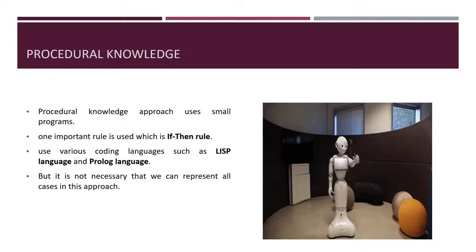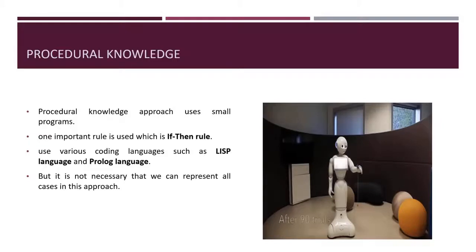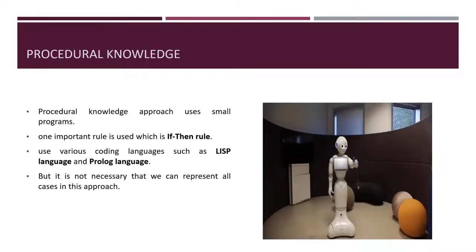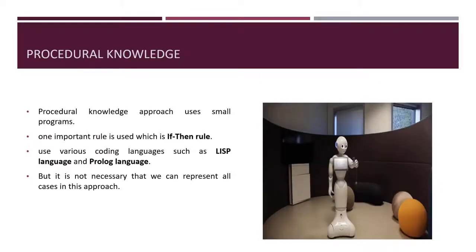Here, one important rule is called the if-then rule. In this knowledge, we can use various languages such as Lisp and Prolog. Here, we can easily represent heuristic or domain specific knowledge using this approach. But it is not necessary that we can represent all cases in this approach.